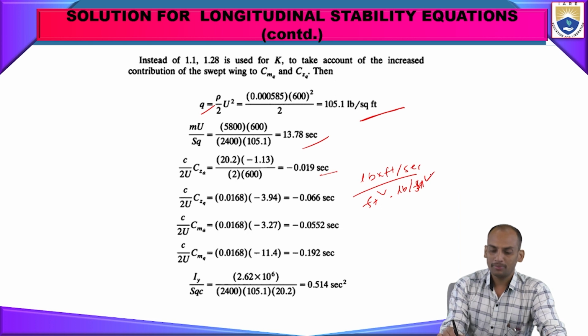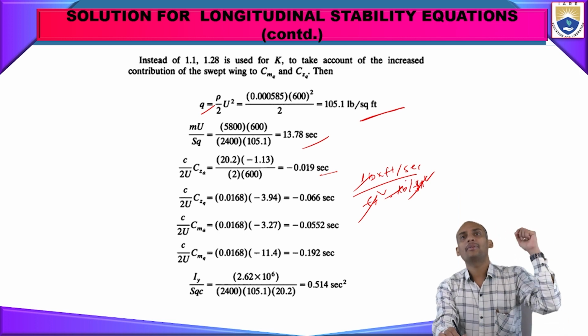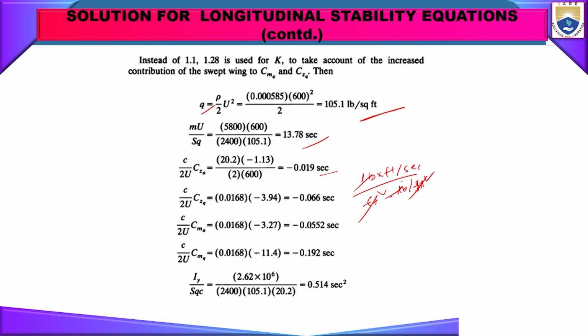So LB per feet square is how much? LB will be there, and one more feet square is there, no? So if you cancel that out, everything we will get in terms of seconds only.